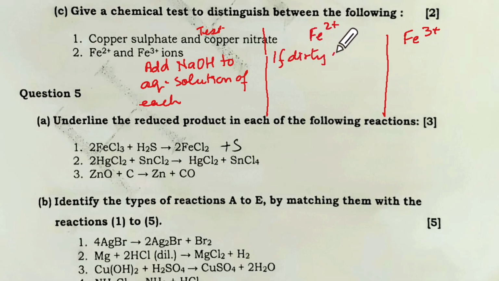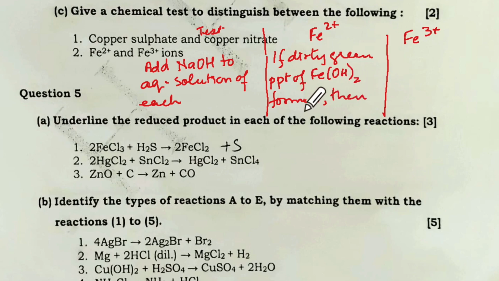If dirty green precipitate of Fe(OH)2 formed, then Fe2+ ion present. What are the keywords? Dirty green, PPT. Fe2+ present. Here tell me, look at the book and tell me what you'll write.